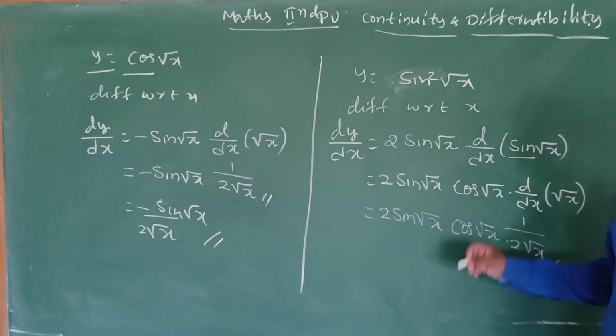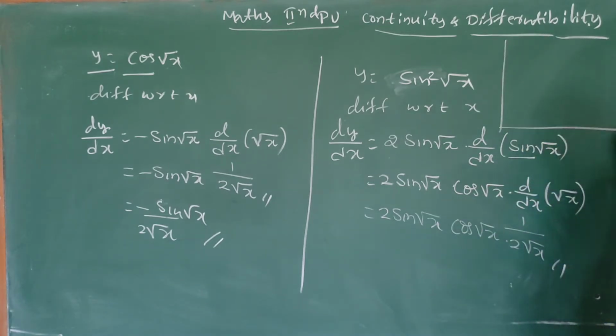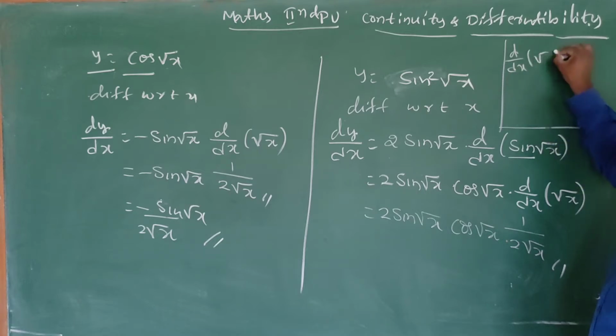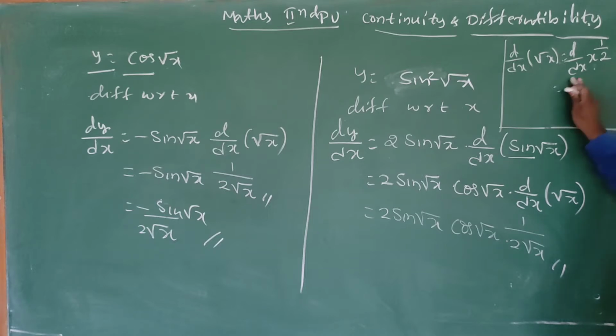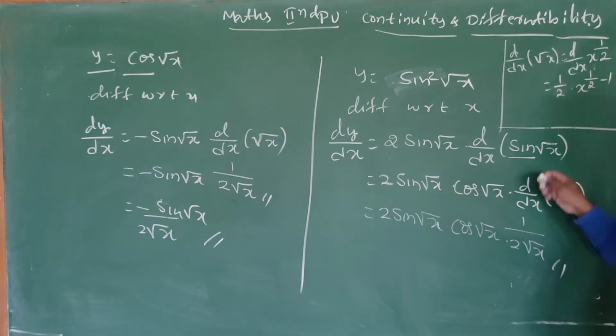Sir, how is it possible that root x differentiation is 1 by 2 root x? D by dx of root x can be written as x to the power of 1 by 2. Now it is in the form of x to the power of n. X to the power of n differentiation is n into x to the power of n minus 1. So 1 by 2 into x to the power of 1 by 2 minus 1.